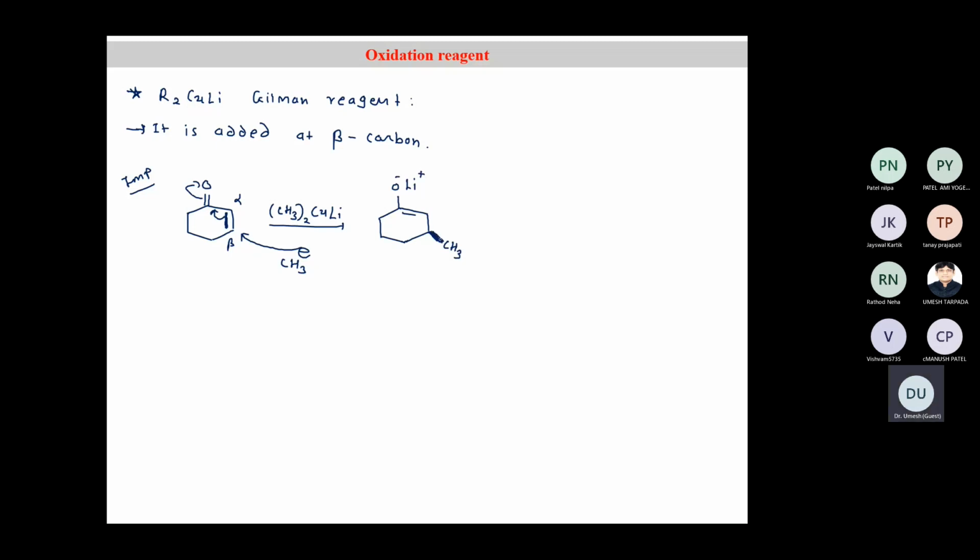Now suppose this is added from the front side. The next time, if any reagent is available, for example ethyl reagent with a departing group, then the alpha carbon will react. This group remains on the front side, then further reaction takes place on the back side. This is the major product.